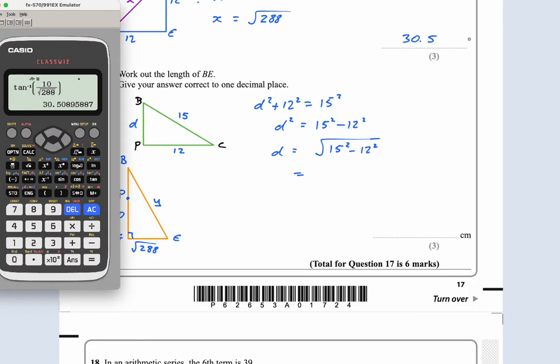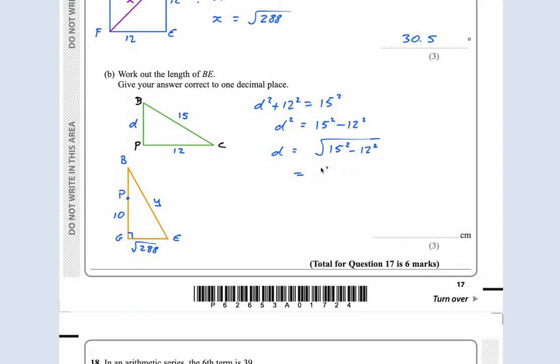I can do this on my calculator, although I think I already know the answer, but whatever, let's do the calculator. 15 squared minus 12 squared is 81, so D is 9. That's a special triangle. So now I have 9 here. So this distance just from P to B is 9. So I have 9 and 10. So this is 19.